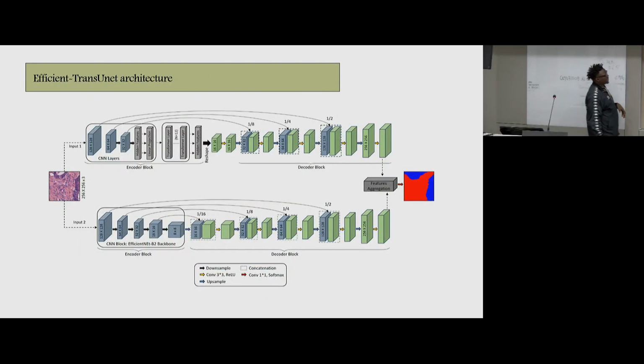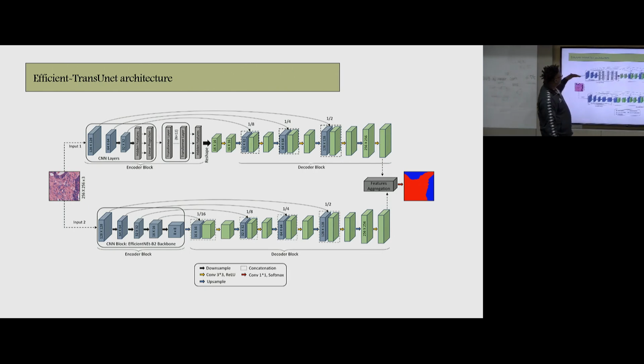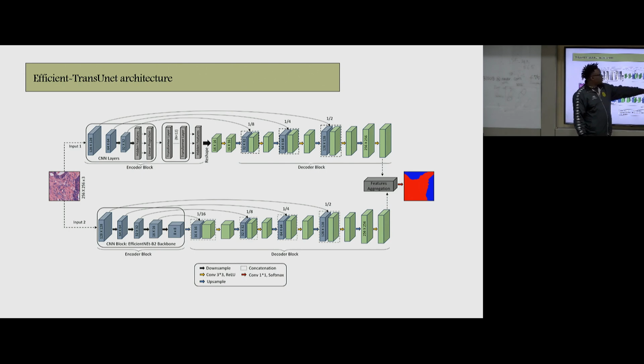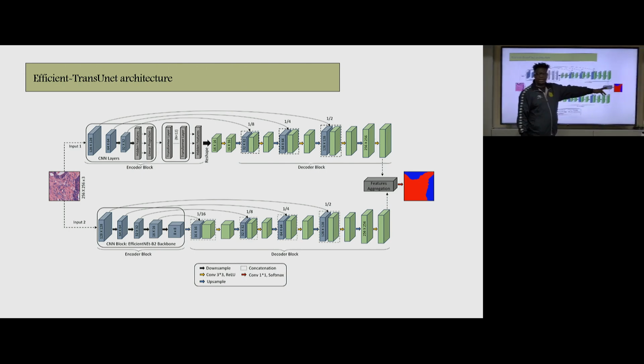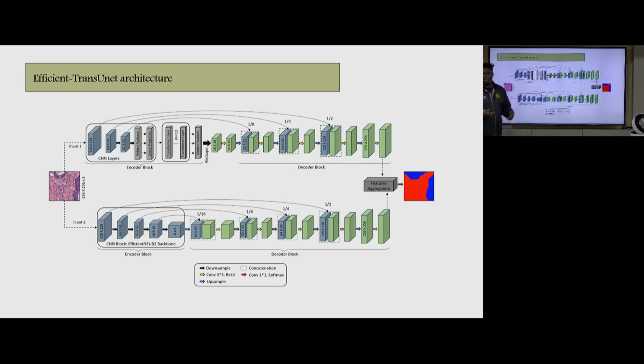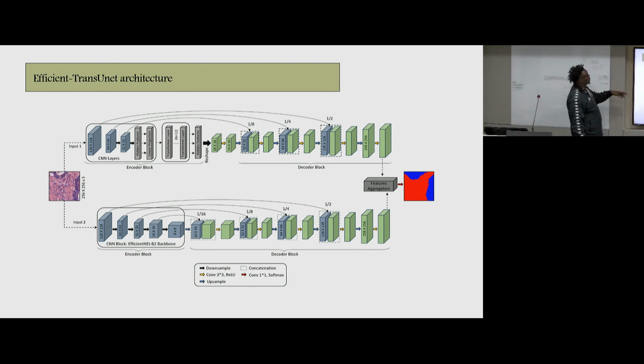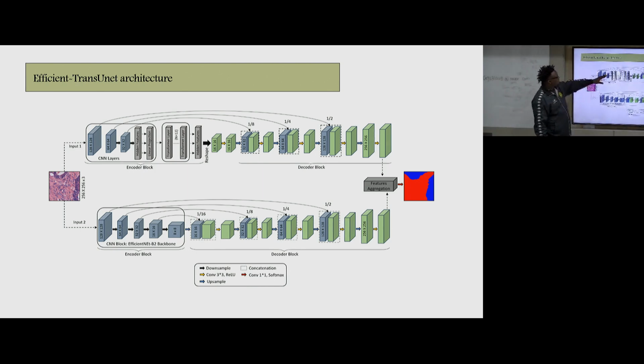But after we tried something, if I use the TransUnet and the EfficientNet, I have a feature map here. This is 256 by 256. After aggregation, it increases the segmentation and classification results. Yeah, so that is why it was better to do this one. So this other one is a novel architecture. The name is Efficient TransUnet.